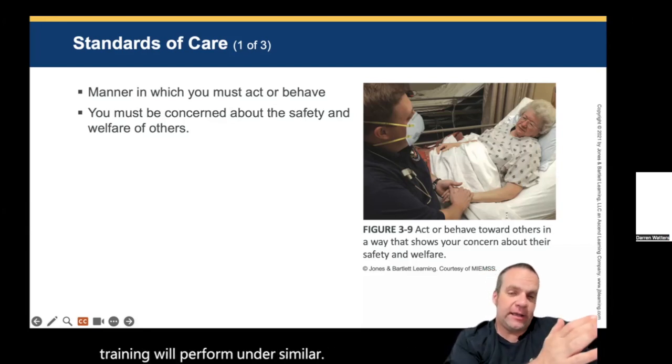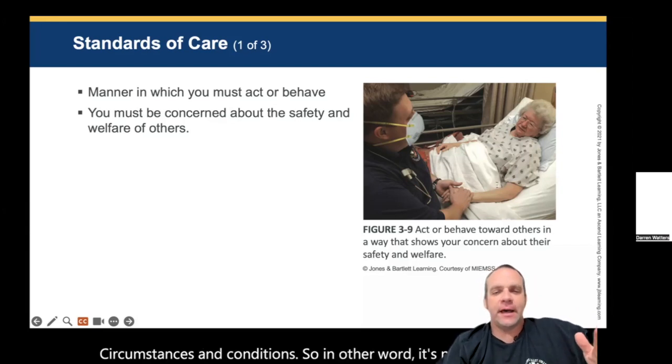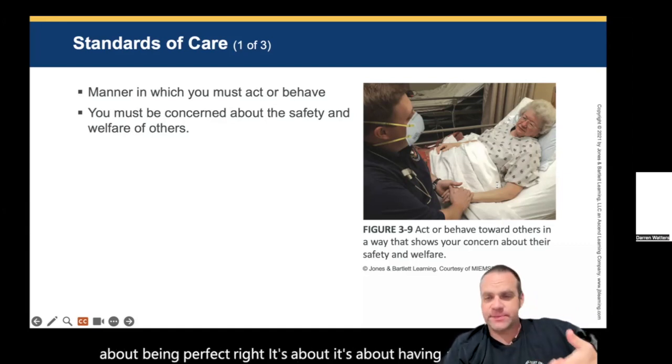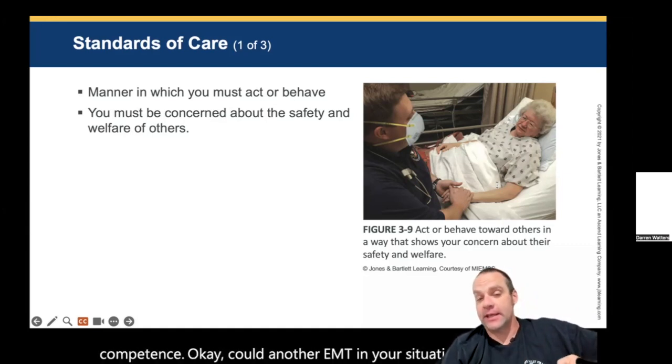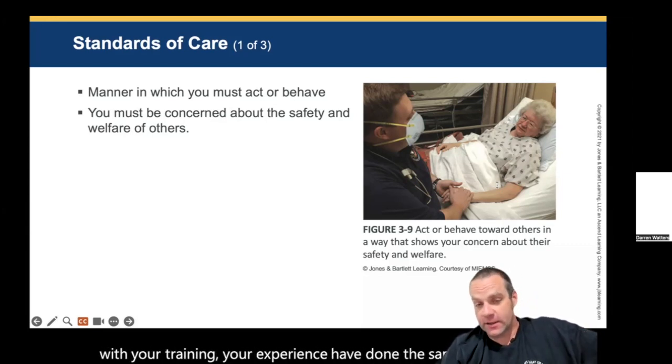So, in other words, it's not really about being perfect. It's about having reasonable competence. Could another EMT in your situation, with your training and your experience, have done the same thing? If the answer to that is yes, then you likely met the standard of care.